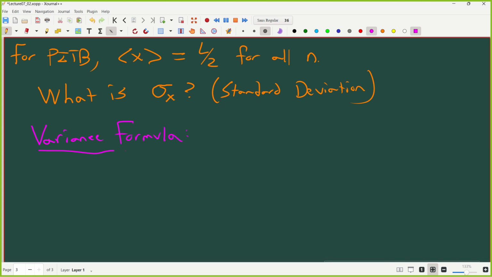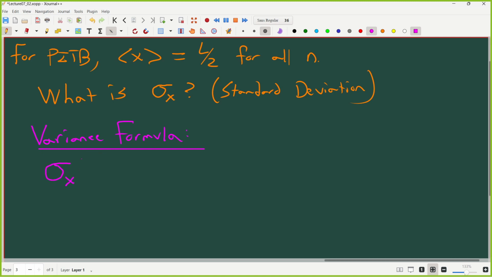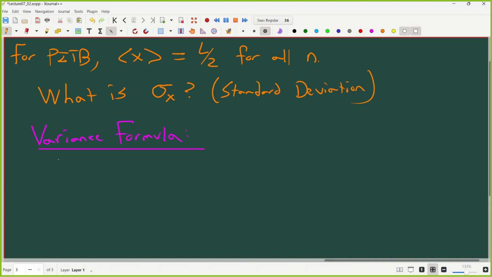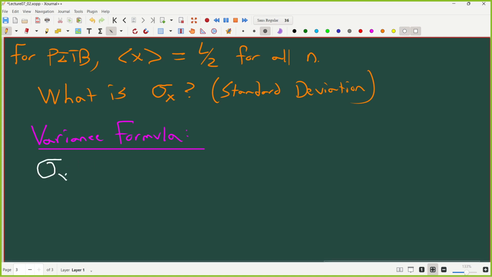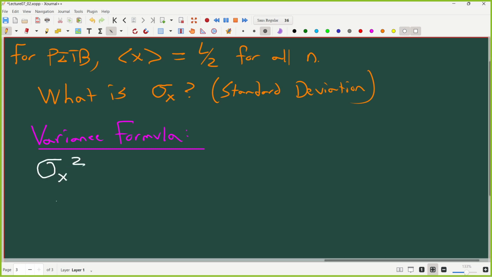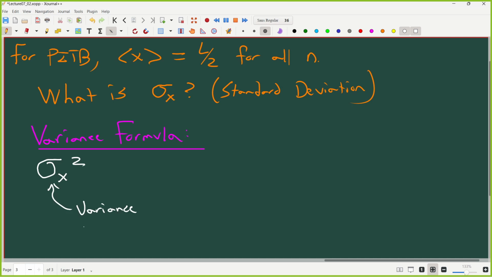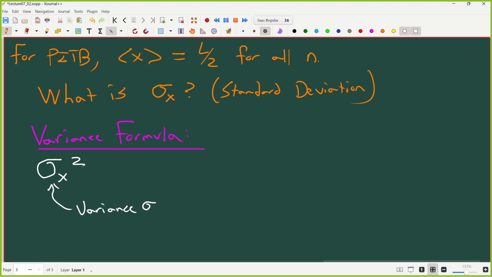It says that the standard deviation of a variable squared, let me give this a better color, put it in yellow. So the standard deviation squared is called the variance, which is sigma squared.